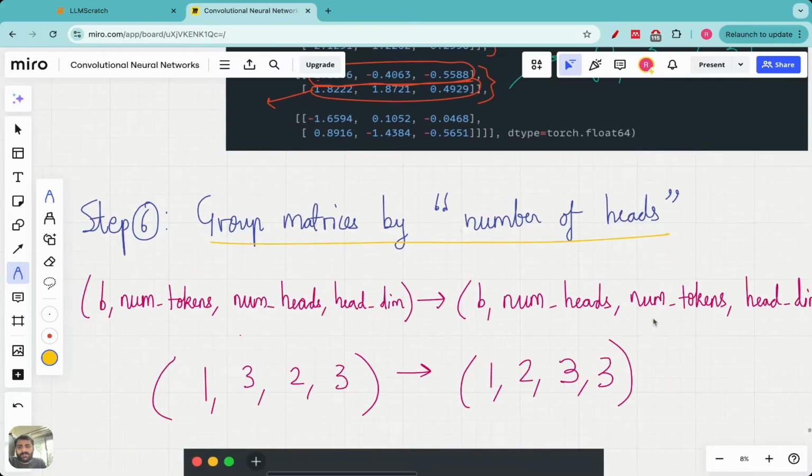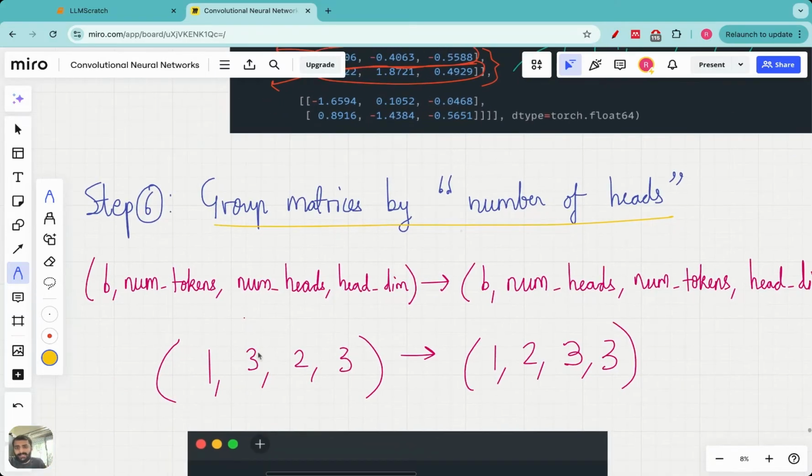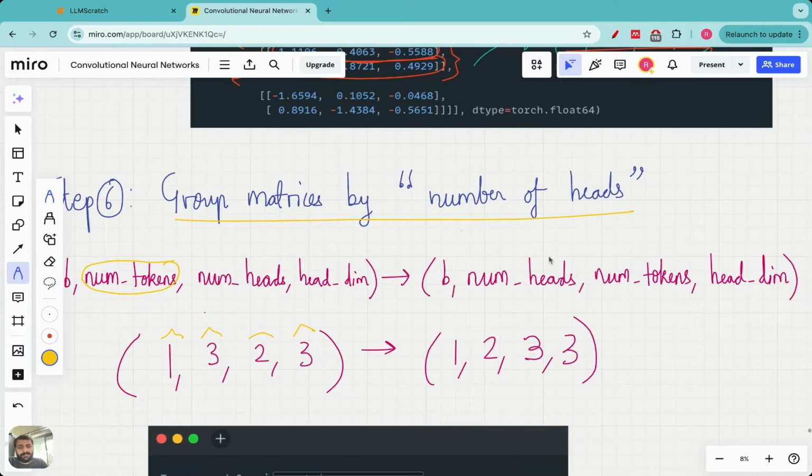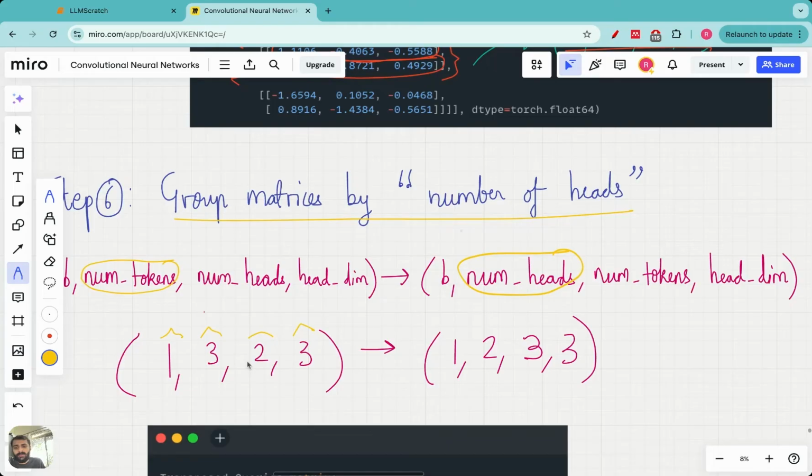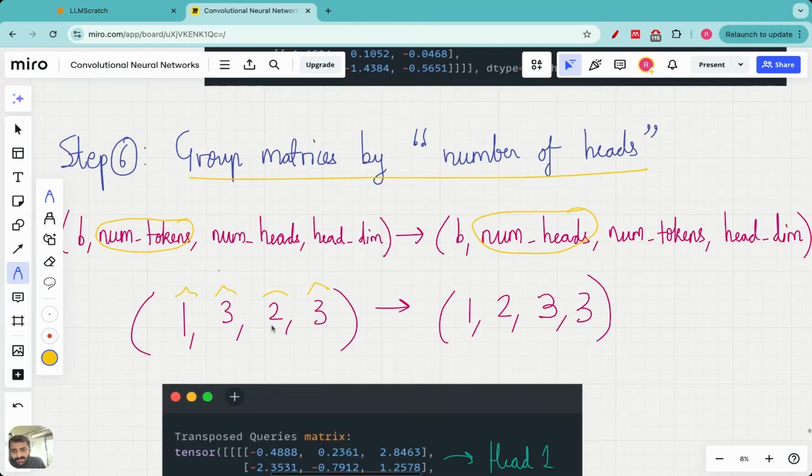Okay. So currently the keys, queries, and the values matrix have the dimensions of 1, which is the batch, 3 which is the number of tokens, 2 which is the number of heads, and 3 which is the head dimension. So we are grouping with respect to the number of tokens. But now I want to group with respect to number of heads.